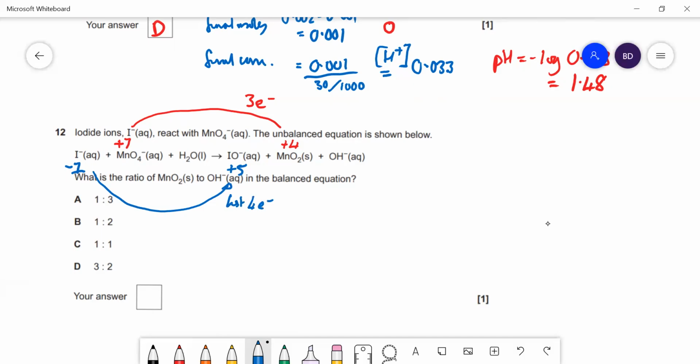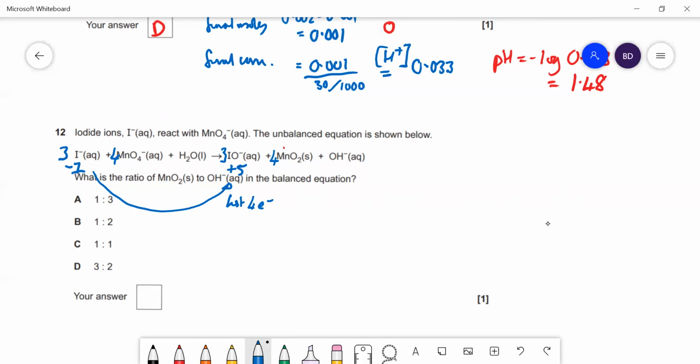All right, how do we balance that then? We've got to put a 3 in front of the iodine. Okay, we could times the iodine by 3 to give us 12 electrons, and multiply the manganate by 4 to give us 12 electrons. Okay, we've got that there. Now we just need to balance the other stuff.